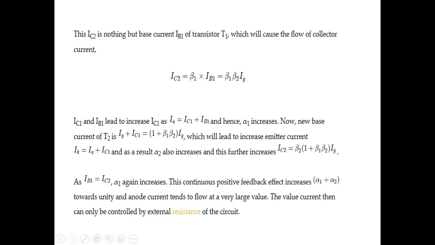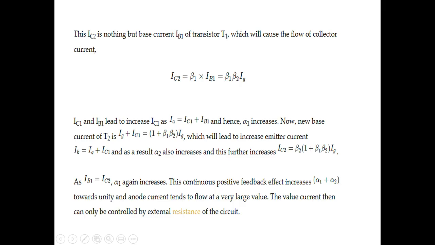IC1 is equal to beta 1 into IB1, and IB1 can be substituted as beta 2 into Ig, since IB1 will be equal to IC2. IC2 we have already derived as beta 2 into Ig, so beta 1 into beta 2 into Ig is substituted over here. And IC1 and IB1 lead to increase in the IA. Here is also a mistake, that is IC1 plus IB1 increases the IA, and alpha 1 increases.